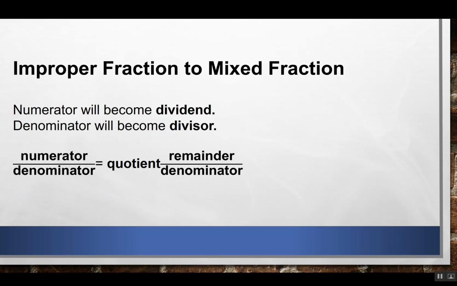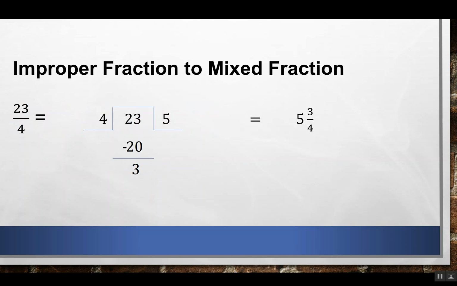Let's see this in an example so that it can be clear for you. Here I have taken the improper fraction 23 by 4. Here 23 is the numerator, which is greater than the denominator, which is 4. So we're going to divide 23 by 4. Our dividend becomes 23 and our divisor becomes 4, the denominator.